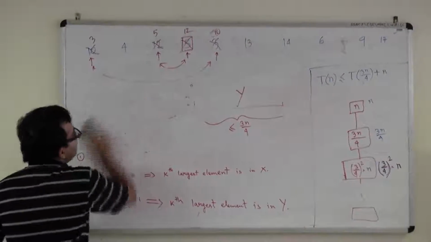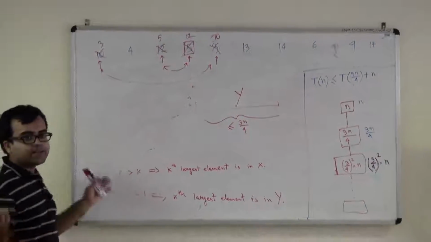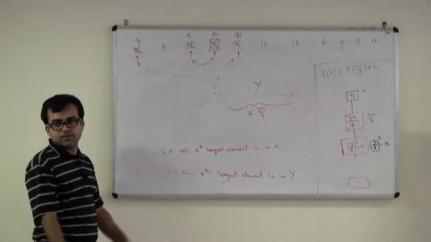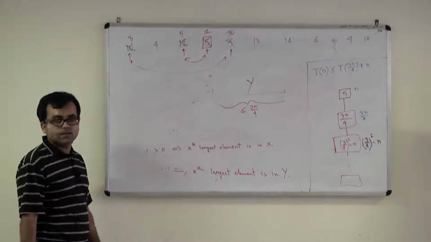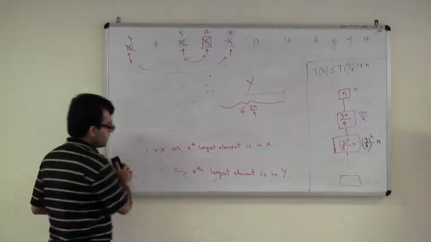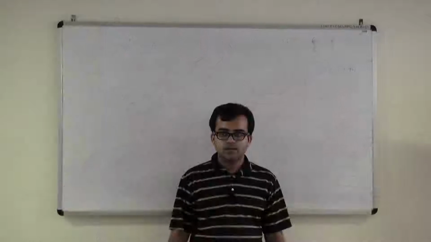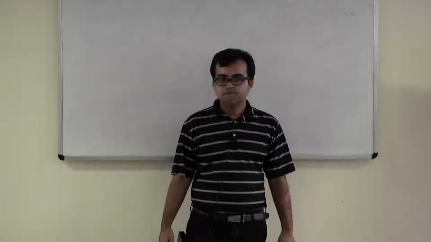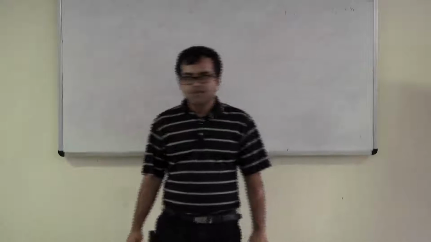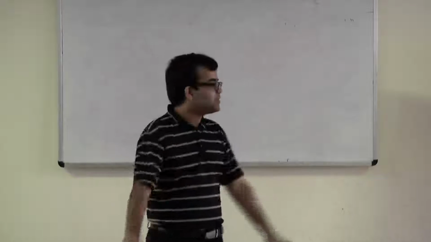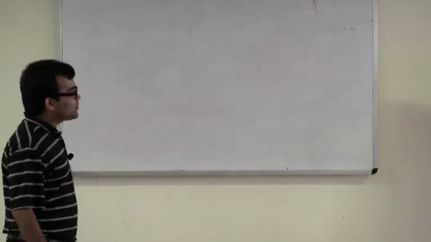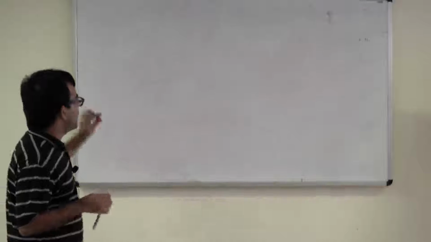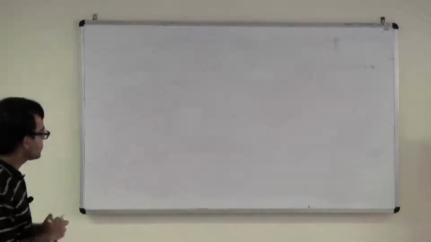So now the question is how to find a good pivot without solving the entire problem from scratch. Any idea? Basic discrete probability? Sorry, if you have not seen this before, this last 15 minutes might be a little bit confusing to you.